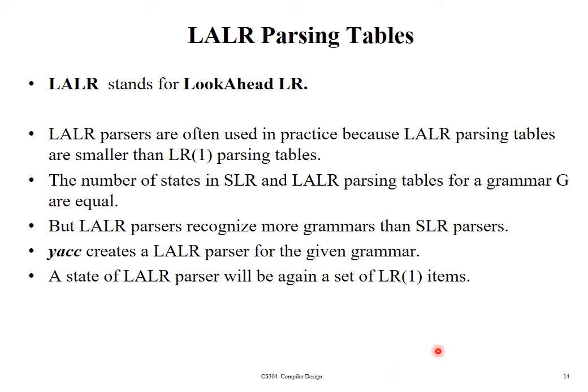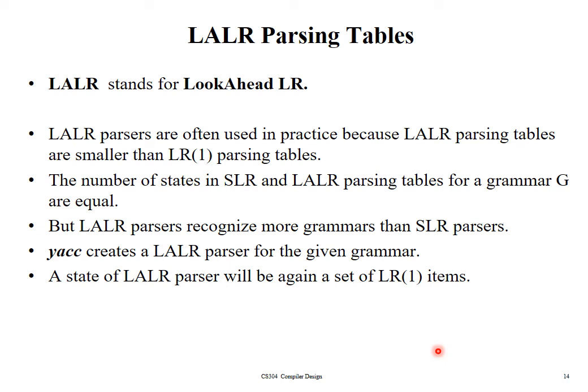Another one is the lookahead LR parsing table. It is actually derived from the CLR parsing table. Since the CLR parsing table has so many states, there is a chance that there will be a large number of states, consuming so much memory space.